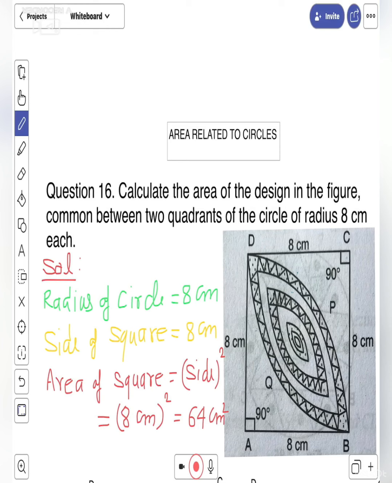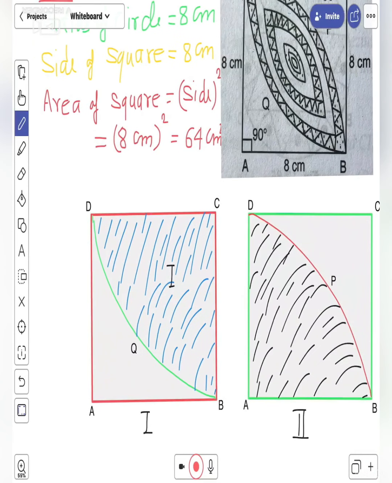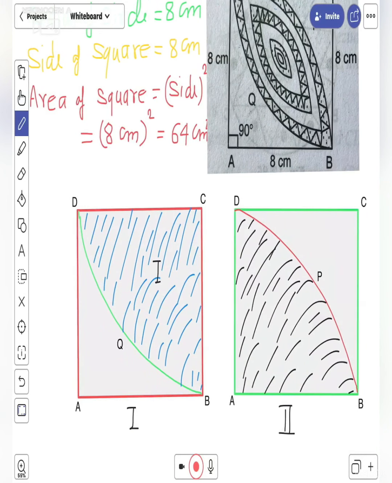Okay, now moving to the design, how can you find the area of the design? We will divide this diagram, this figure, in two parts. You can observe here, yes, these are the two parts of the design.